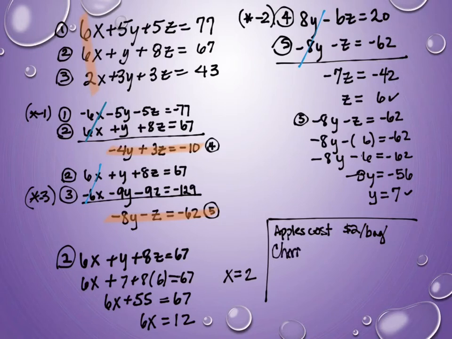What do my cherries cost? $7 per bag. And my pears. Pears cost $6 per bag. And that's what the answer would look like at the end. Any questions on that? All right.